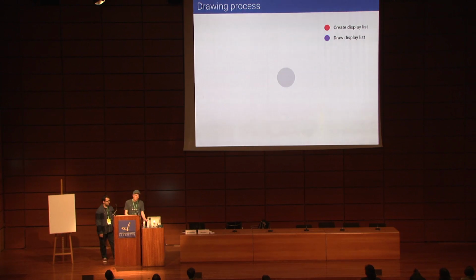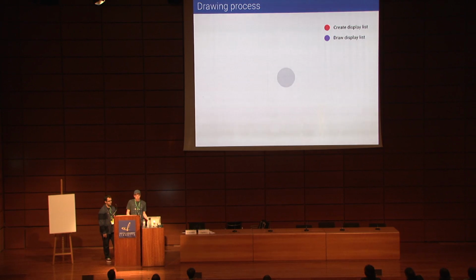So what happens when you draw a view for the first time? Well, the Android view system will create a display list for that view, which means calling onDraw. Then it'll draw that display list. Pretty simple. Now, some time goes by, and a frame a bit later wants to draw this view again, but nothing has changed.